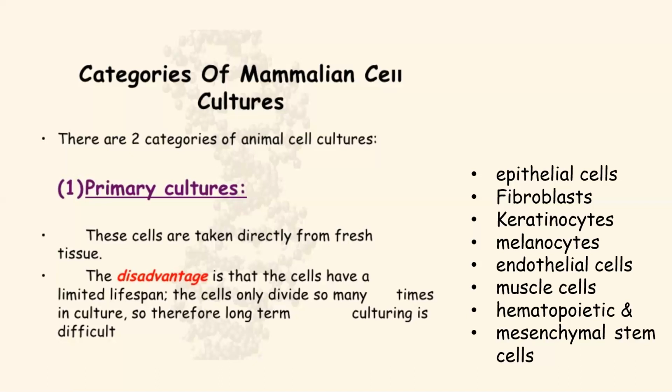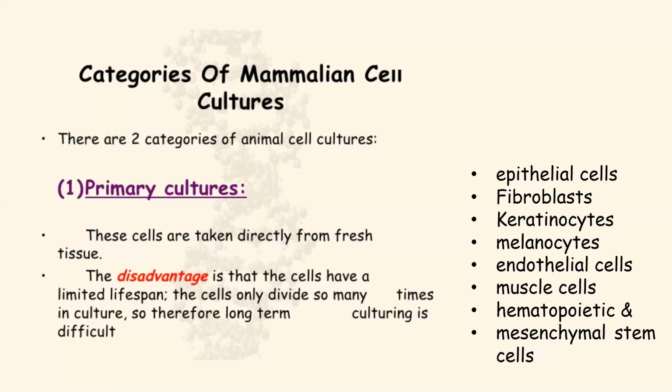Since they exhibit the normal physiology like in the in vivo state, they prove to be excellent model systems for studying normal physiology and biochemistry of cells, for example, metabolic studies, aging, signaling studies, effect of drugs and toxic compounds on the cells, etc.